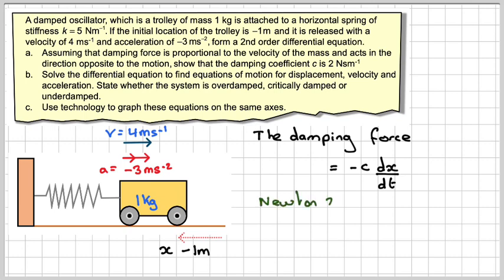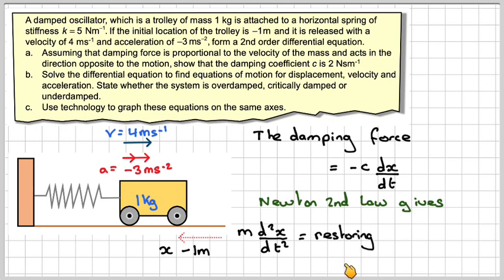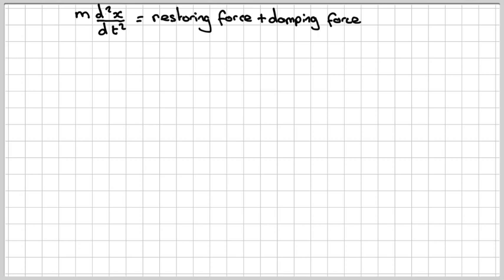And then from Newton's second law, mass times acceleration, so it's m times the second derivative of x, will be equal to the restoring force of the spring, using Hooke's law, plus the damping force. So writing that out again, the restoring force will just be minus k times x, and the damping force we've already written down as minus c dx/dt, c times the velocity.